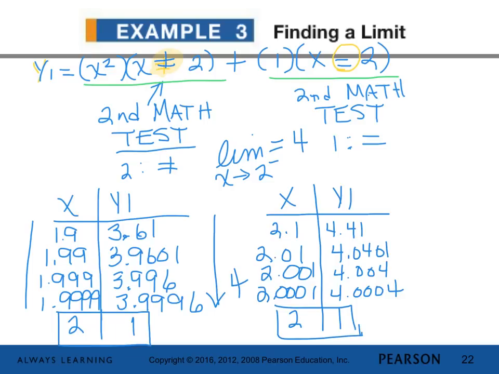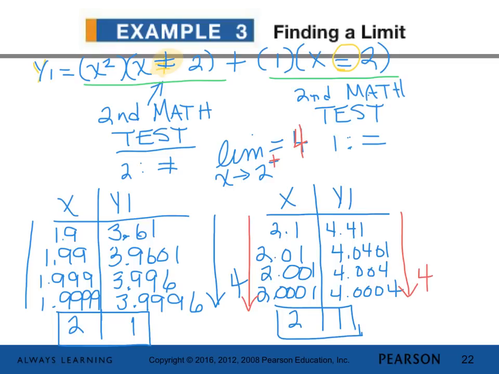So we're approaching 2, this time from the positive side. And we see that the limit as x approaches 2 from the positive side does seem to be 4, just as it was from the negative side.